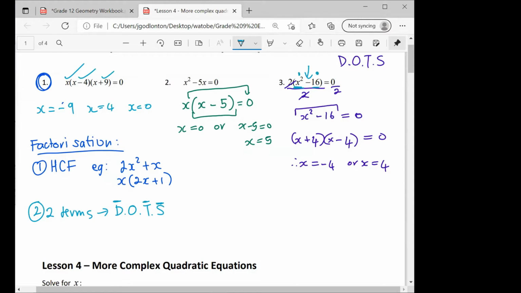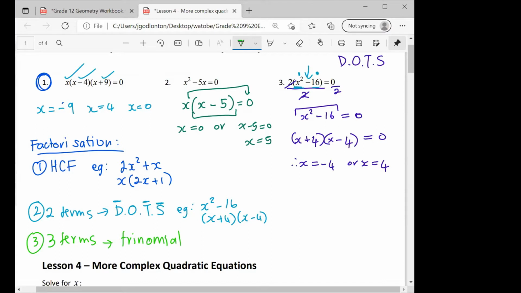So x squared and 16 are both square numbers. An example of that is one we've just done: x squared minus 16 would be x plus 4, x minus 4. And the other thing we have to keep our eye open for is if there are three terms, can we do a trinomial?